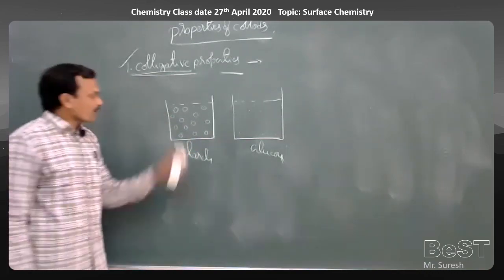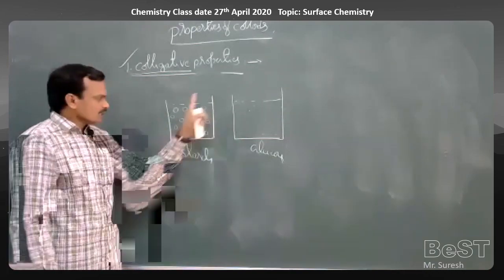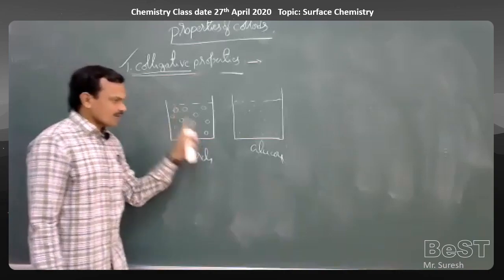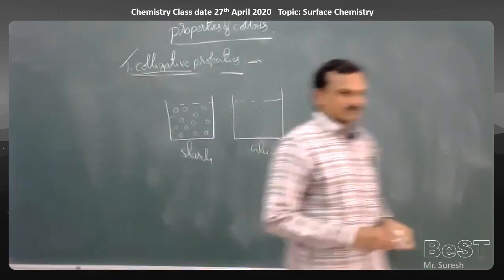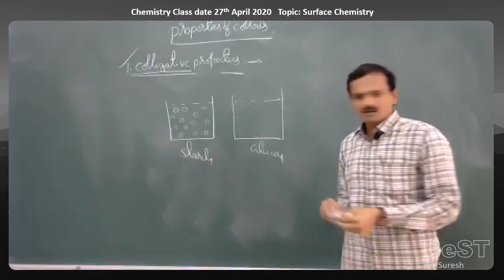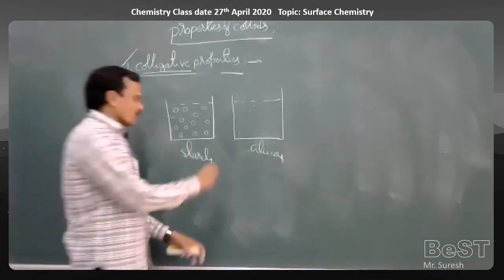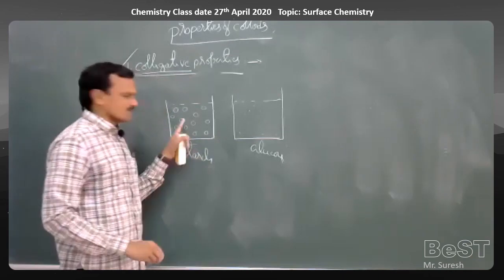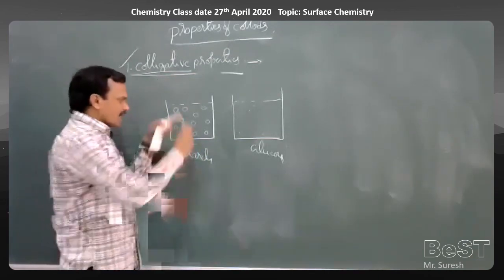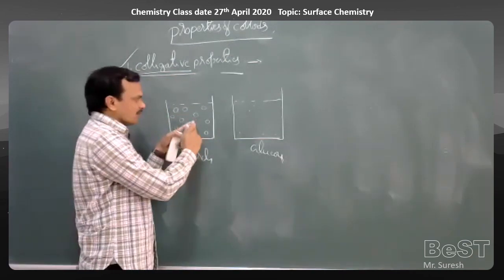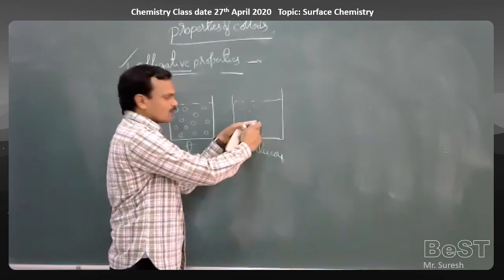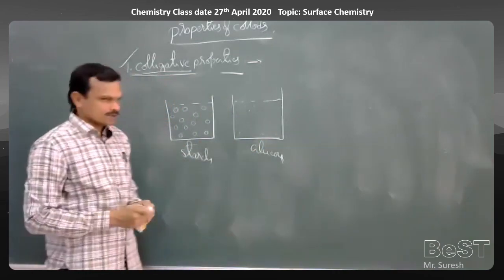Now, if we compare this and this, in which case will the number of particles be more, starch or glucose? Since the size of the particle is more, the number of particles per given volume will be less. So the number of starch particles will be less compared to the number of glucose molecules.